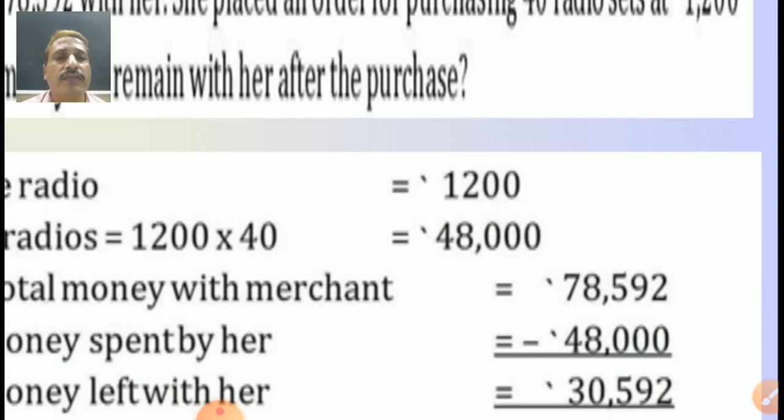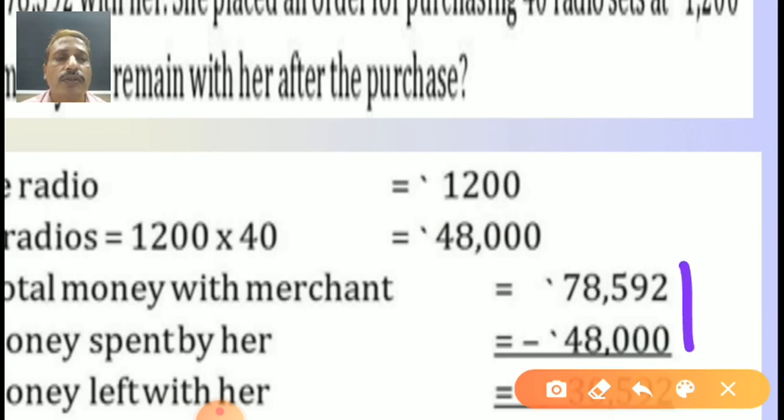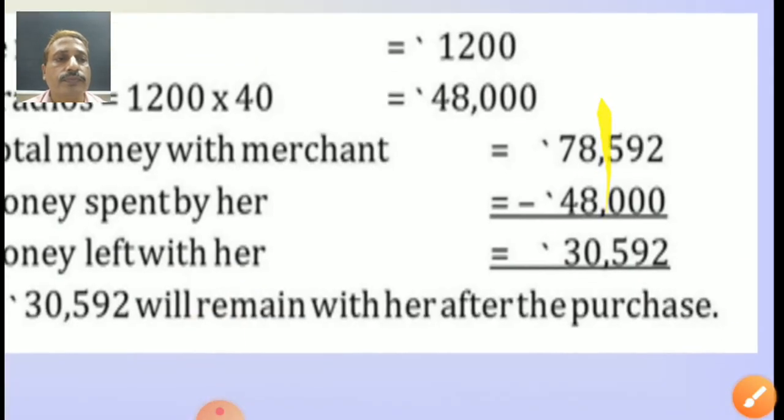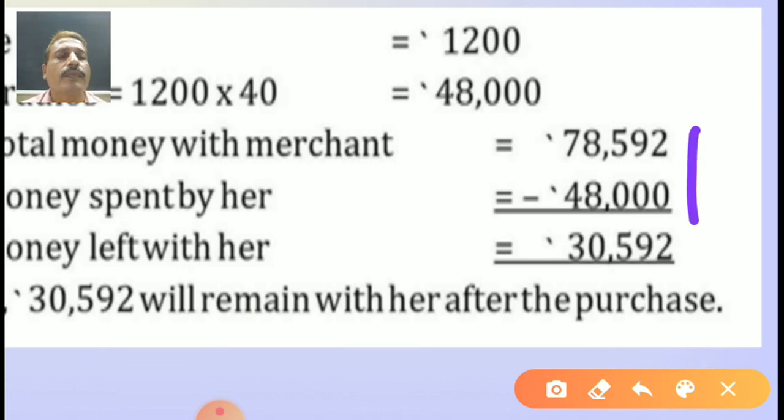Let's do minus here. 2 minus 1, 2. 9 minus 0, 9. 5 minus 0, 5. 8 minus 8, 0. And 7 minus 4, 3. Over, this much amount will be left or remain with her after purchasing 40 radio sets.